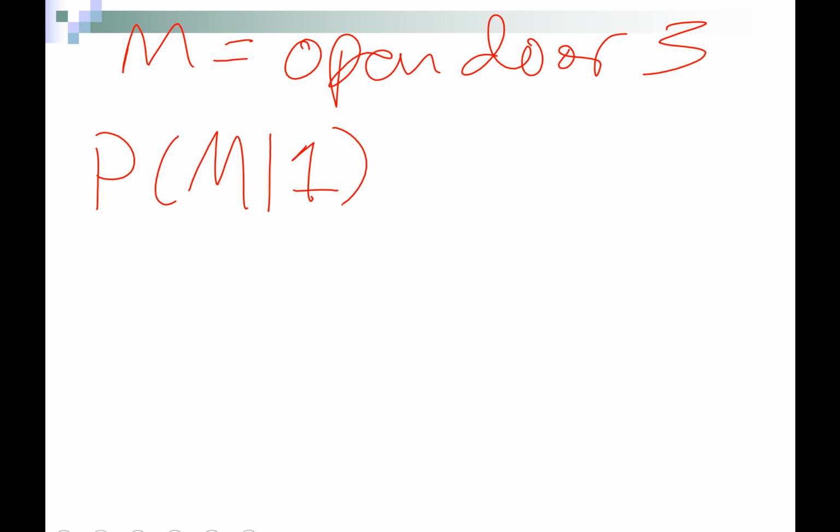Well, in this scenario, door number 1 was picked, right? So let's say you pick door number 1, and the money's behind door number 1. So the probability of opening door number 3 is a half, right? He's going to randomly choose between those doors.